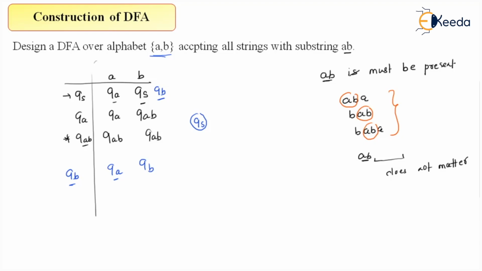But you understand that this QB has the same behavior as QS. QS on input A is also going to QA, and QB would also go to QA, and on B it stays. The behavior is the same, and that is one of the ways we minimize our DFA.